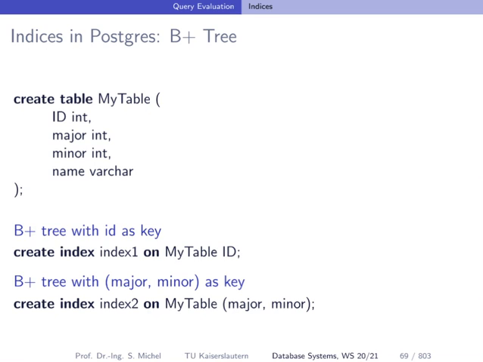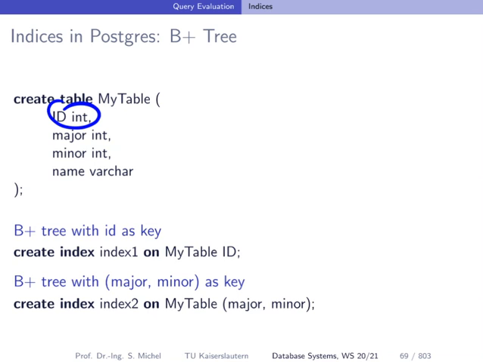Right? It's only for illustration purposes, but you can maybe remember that better like this. So now concretely going to a database system, in this case Postgres, but this is very similar or identical for other database systems following the SQL standard. We have a table here, my table, with certain attributes, and now we want to create a B+ tree index using the ID as the key. This should be our key for the index.